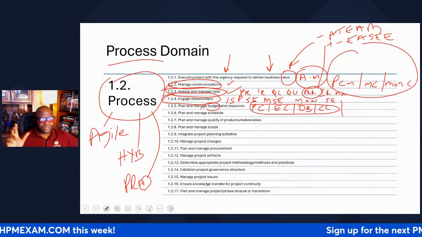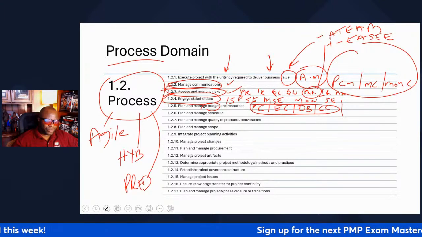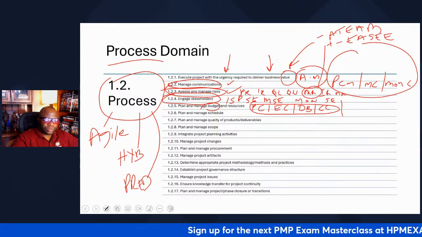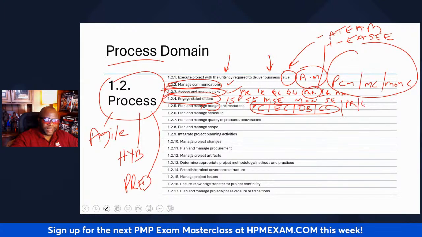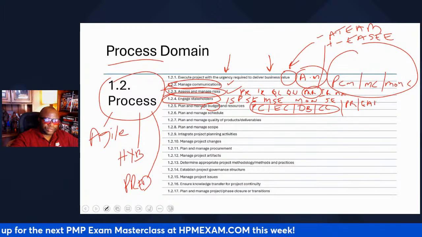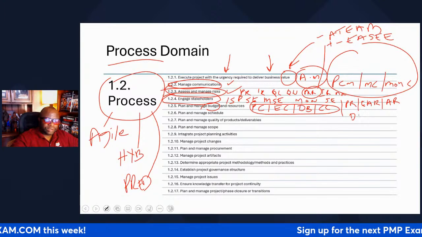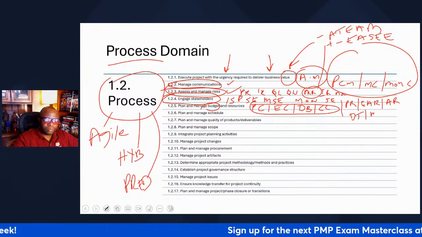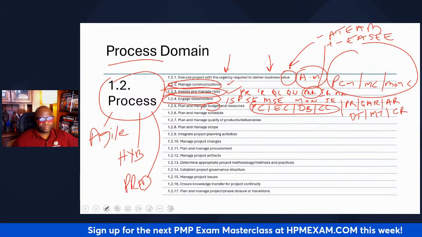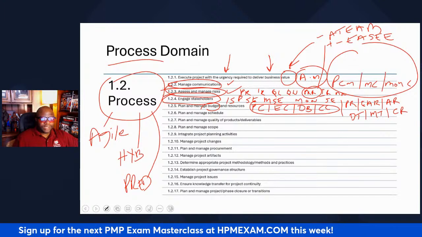For resources, the 6 things you're going to do: plan resource management, estimate activity resources, acquire resources, develop team, manage team, and control resources. These are the 6 things.